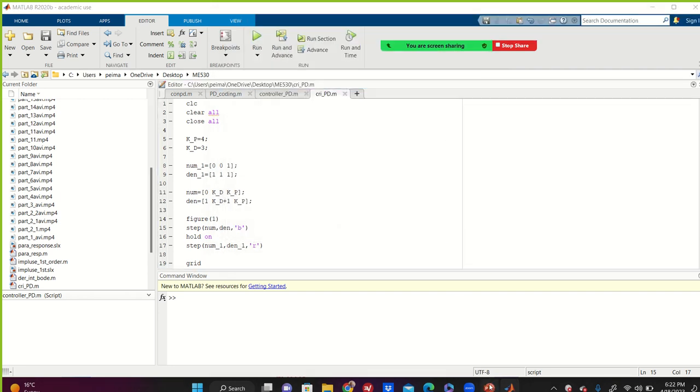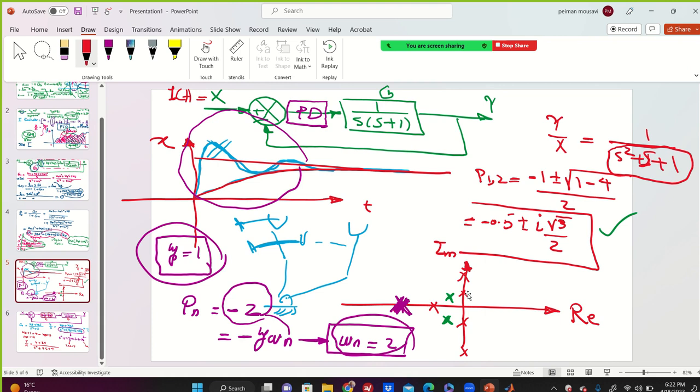Now you're gonna say, okay, why do we still have some overshoot? I'm gonna say, you know what? For doing that, let me change this to 5. If I change it to 5, omega n is gonna be 5.